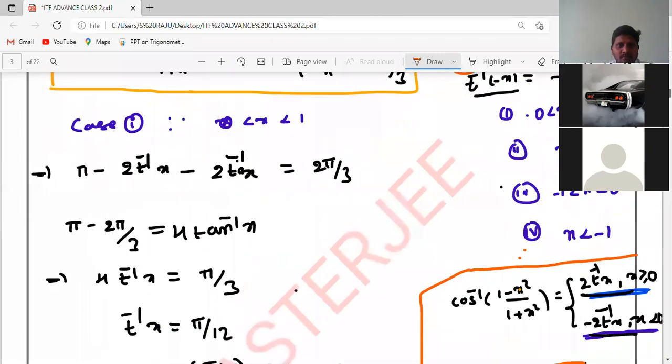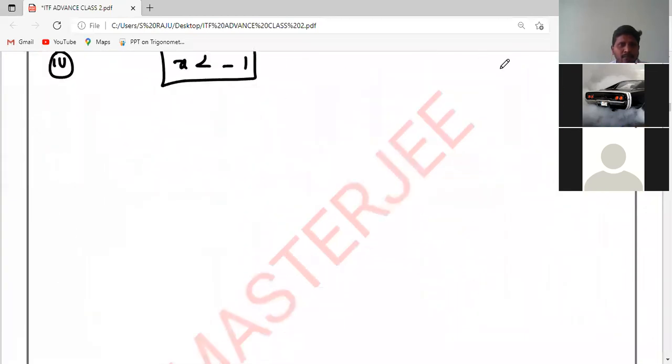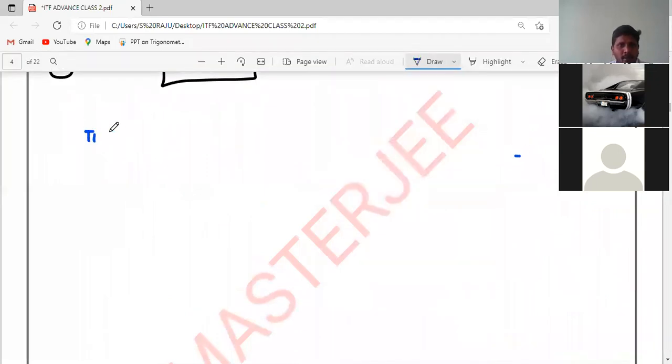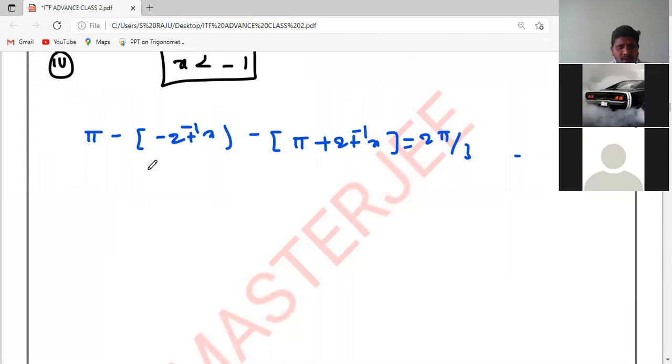So then from this equation, again we'll write the conditions here. Pi minus 2 tan inverse x minus of bracket pi plus 2 tan inverse x is equal to 2 pi by 3. I'm just applying the properties to all four cases.